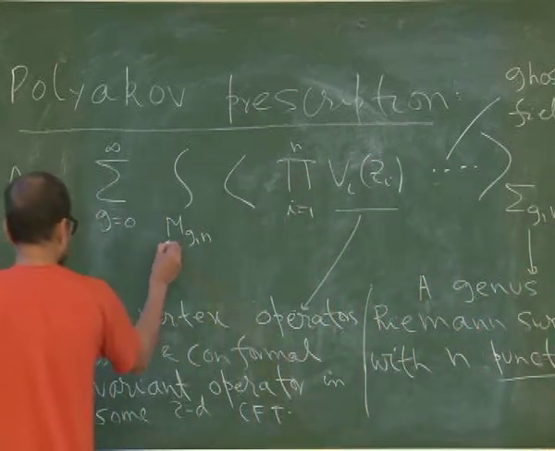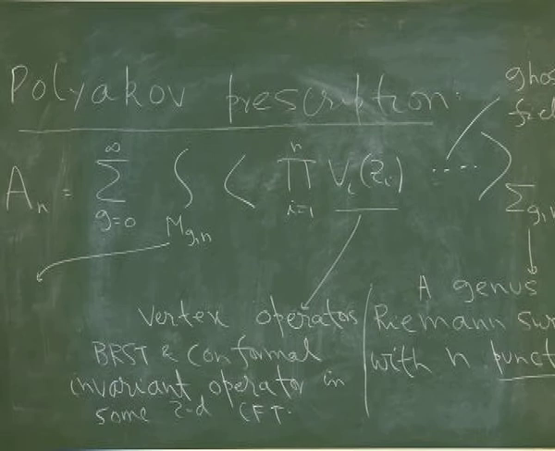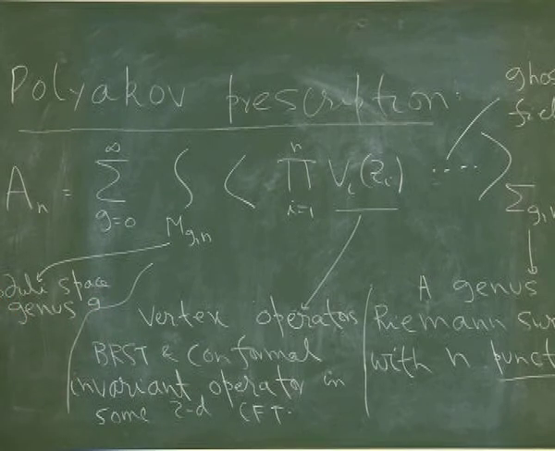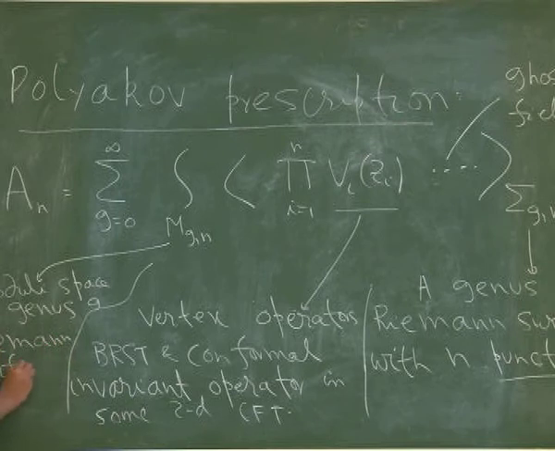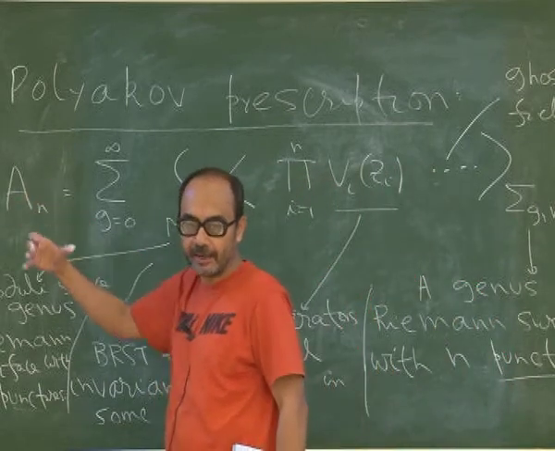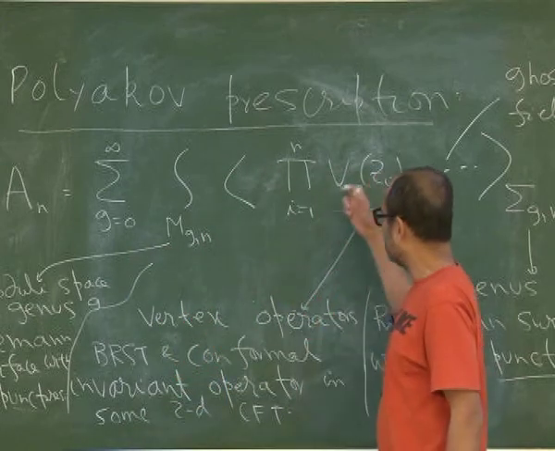And finally, this integral, MGN, this is the moduli space of genus G Riemann surfaces with n punctures. Roughly, what you do is that for a given amplitude, characterized by what external states you have, n external states, for each of these you have a vertex operator.